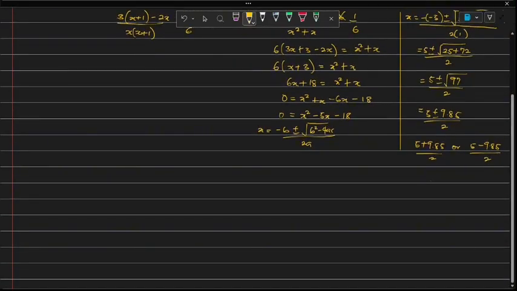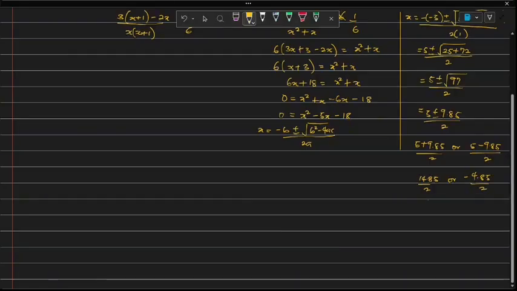Alright, so if we keep going, if we do 5 plus 9.85, we have 14.85 over 2, or if we do 5 minus 9.85, we have minus 4.85 over 2. So punch your calculator.